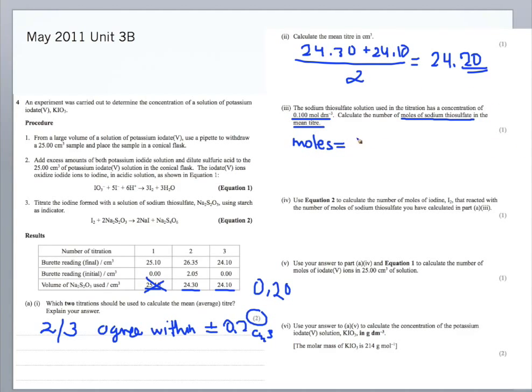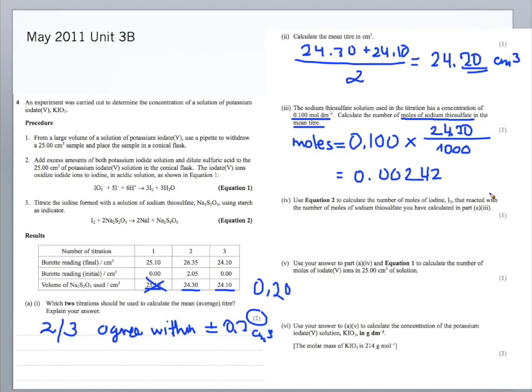So we multiply the concentration, 0.100, times the volume. But the volume we have here is in centimeters cubed, and we need it to be in decimeters cubed. So we divide the volume by 1000, which gives us decimeters cubed. Then the moles we get will be 0.00242. So that is the moles of sodium thiosulfate in this titer.